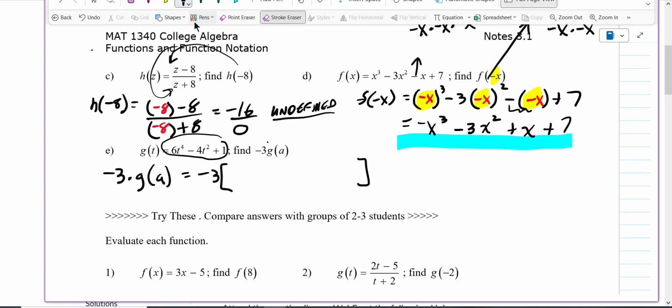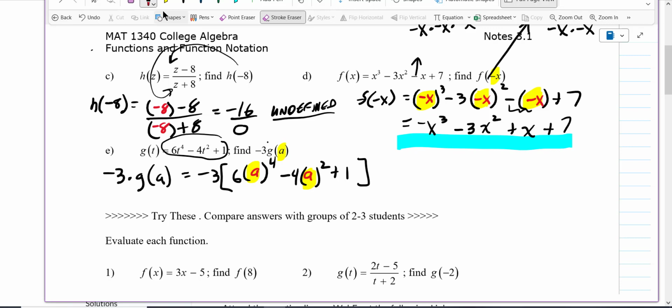That function is saying 6 times something to the fourth minus 4 times something to the second plus 1. That -3 just drags down to the next stage of the problem. So everywhere you see a t in that function, you're simply going to replace it with a. So that's how that one gets put together.